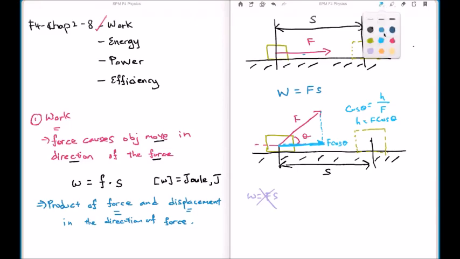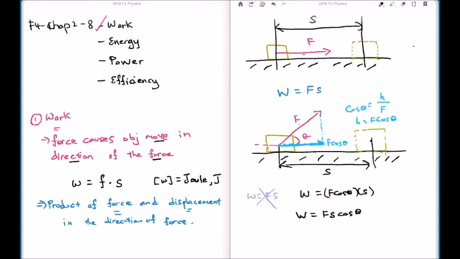Therefore, work done W is equal to F cos theta times S, displacement in meters. Or we rearrange it as Fs cos theta in terms of magnitude, so you get the unit in joule. So this is all about it.